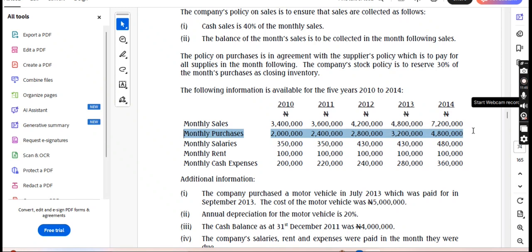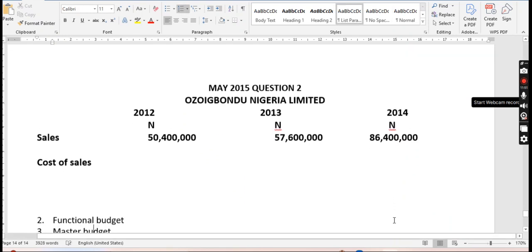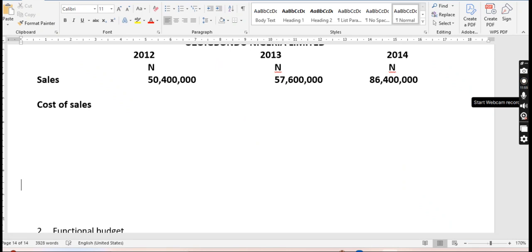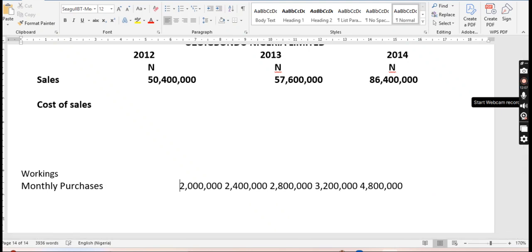As closing inventory. So I will do my workings. So this is the monthly purchases, right?